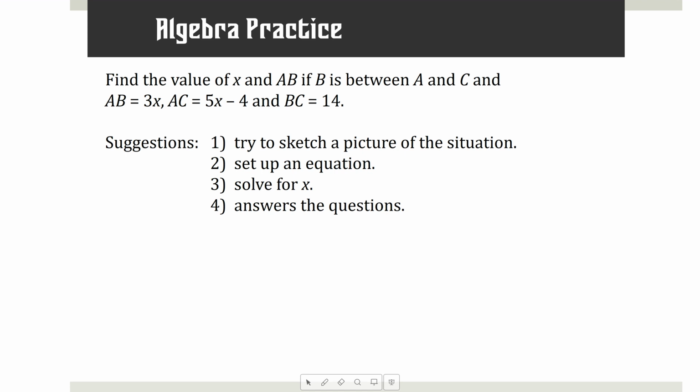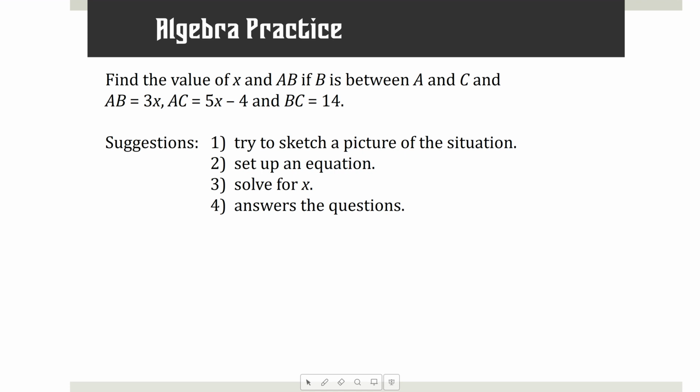Make sure your pictures are set up correctly. Start there. I did 5x. Okay, I got 0. Oh, I see what I did wrong. I shouldn't have that x there.